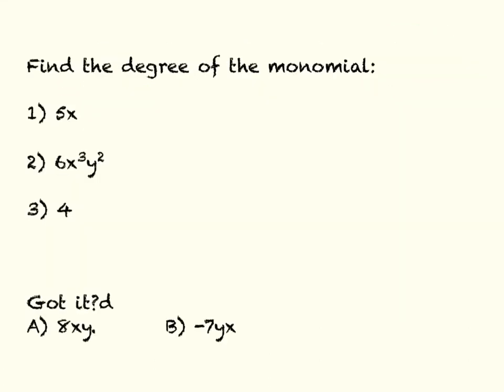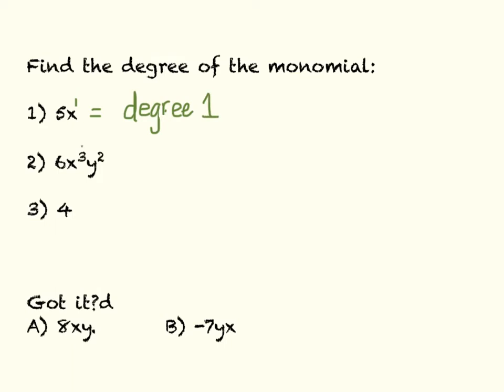Alright, so for the first example, we are going to find the degree of the monomial. So for number 1, I see one variable and its exponent is understood to be 1, so the degree of that monomial is 1. It's degree 1.